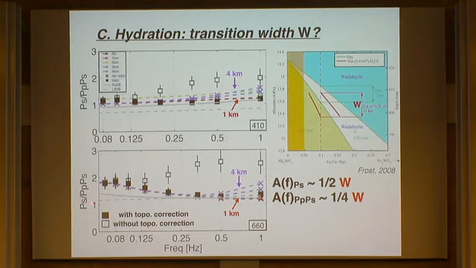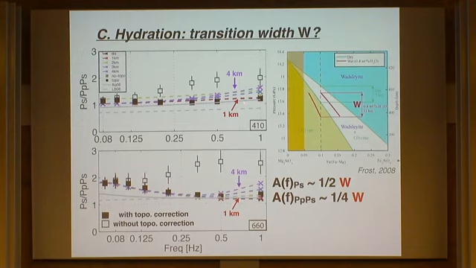As you can see, both results suggest the observation indicates a very, very sharp transition, whether it's the 410 or 660. The prediction for a 4 kilometer transition already over-predicts the amplitude at high frequency, similarly for the 660.